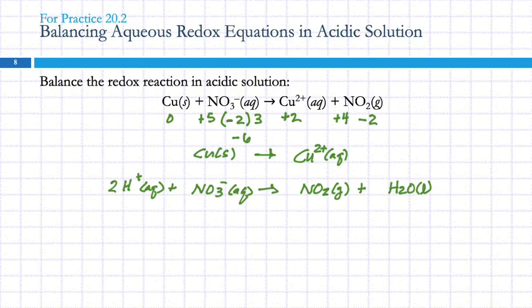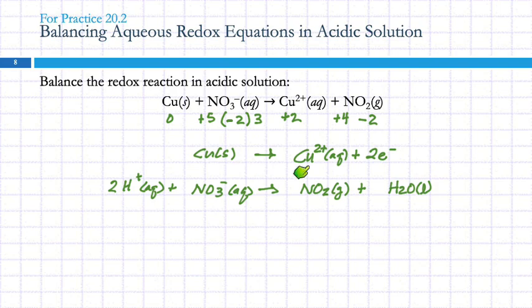So now we're going to look at charges. On the top, I have 0 on the left and +2 on the right. So I can fix that by adding 2 electrons over here. And if we look at what's happening to copper up here, copper's going from a 0 oxidation state to a +2 oxidation state. That happens by copper losing 2 electrons.